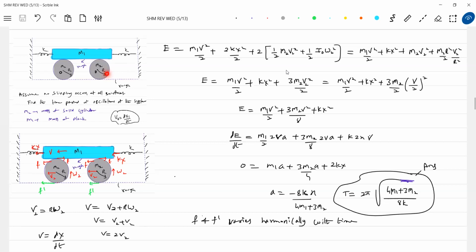Now, if it is a hollow cylinder and this is smooth, tell me what changes you are going to make. Hollow cylinder and this is smooth: this friction will not act. Or say hollow cylinder and let this be rough: this friction will not come. They may trouble you. If it is a hollow cylinder, though this is rough, F dash will not be 0.